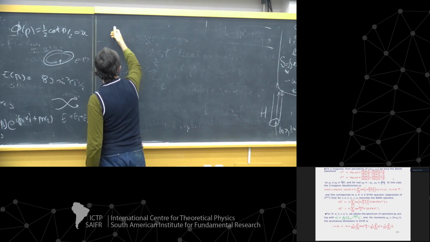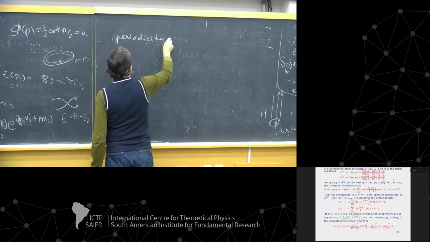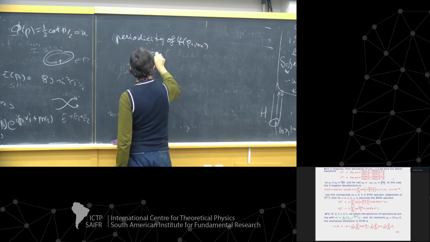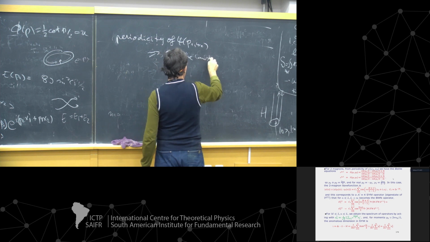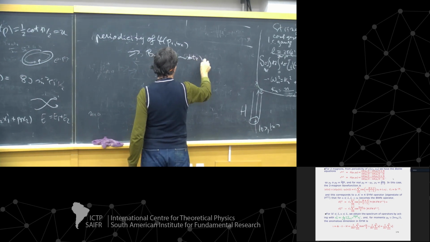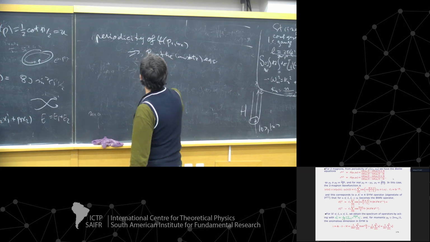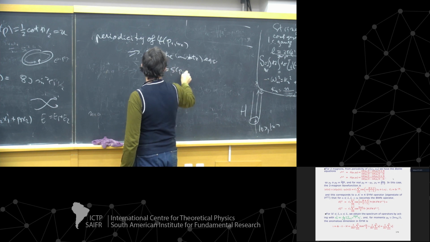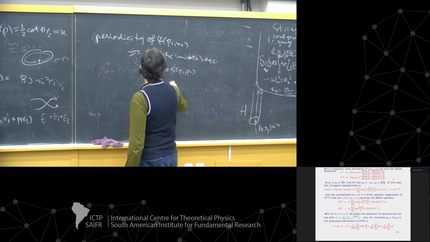So periodicity of psi(p1, p2) results in the Bethe ansatz equations, which are written over there: e to the i p1 L is S(p1, p2), and e to the i p2 L is S(p2, p1).